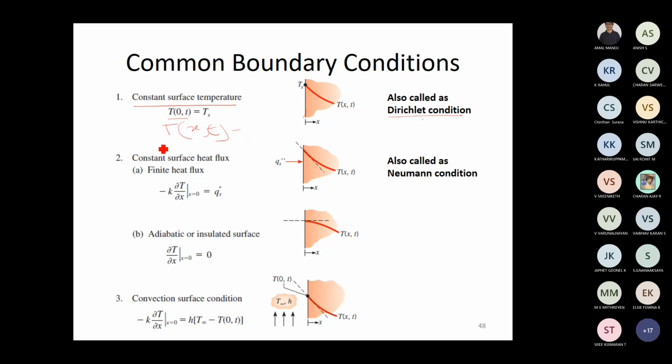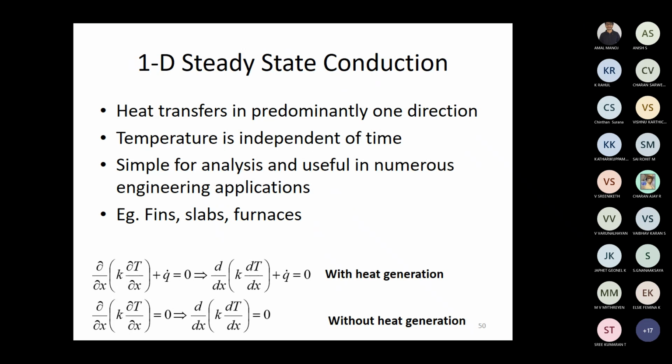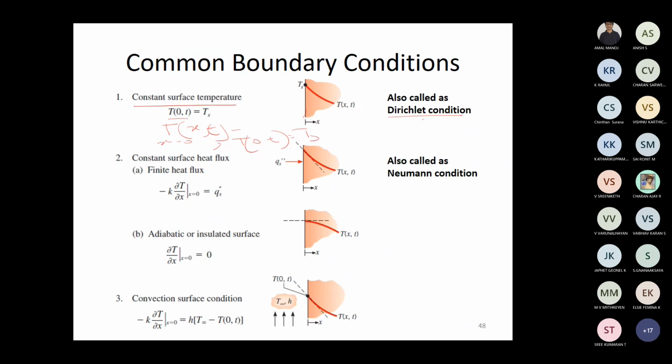Now, when x is equal to 0, that means at this point x is equal to 0, we have temperature at space 0 and any time equal to some value Ts, which means no matter what the time is, the temperature at that point remains constant.